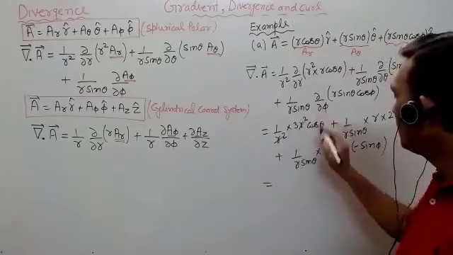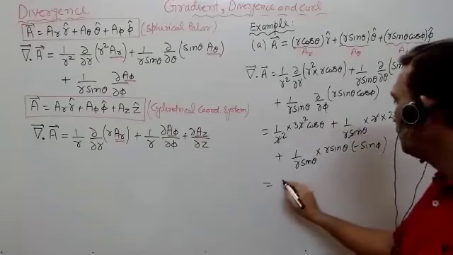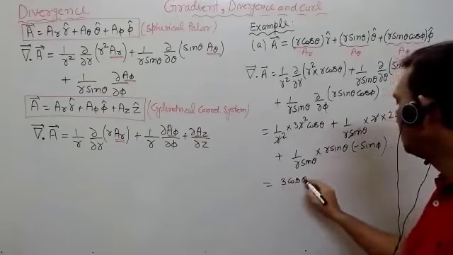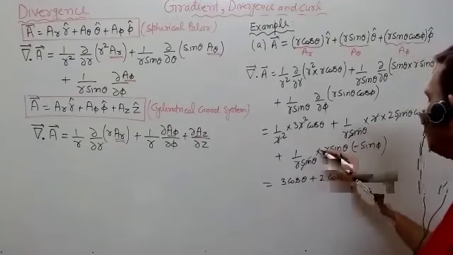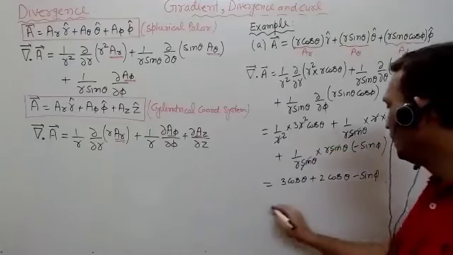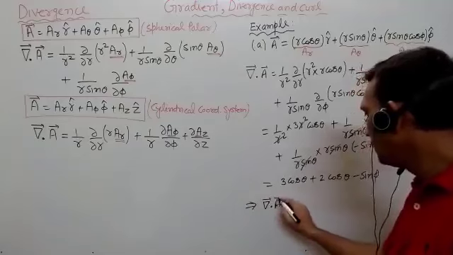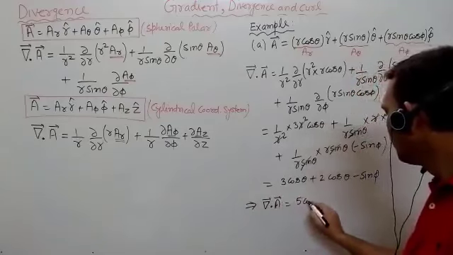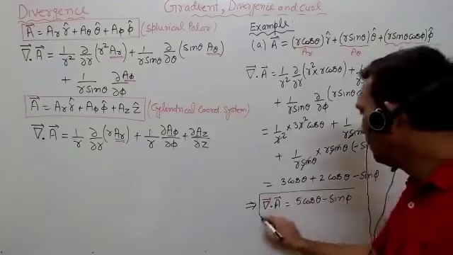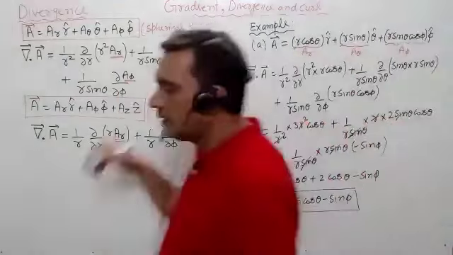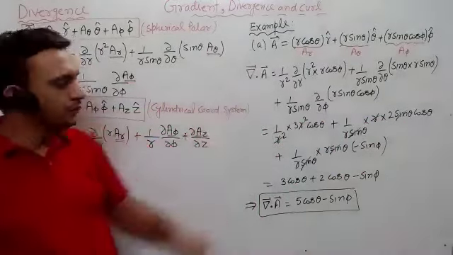So this r square will cancel out, this r sine theta will cancel out, so you will get 3 cos theta plus 2 cos theta minus sine phi. So divergence of A is 5 cos theta minus sine phi. So just substitute for A r, A theta and A phi in this formula, you will get divergence of A.